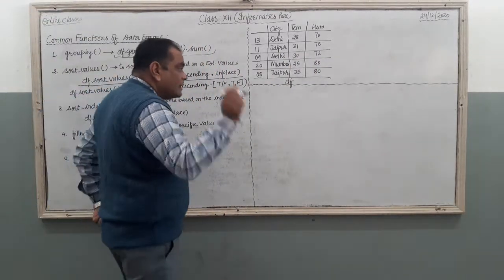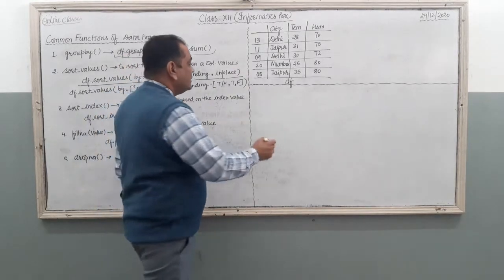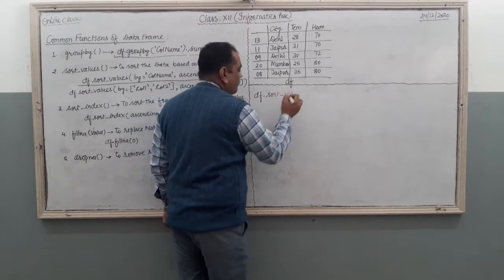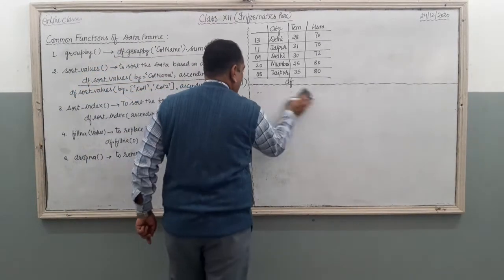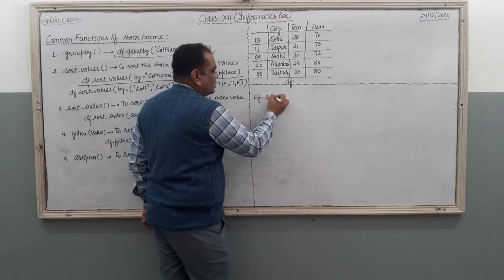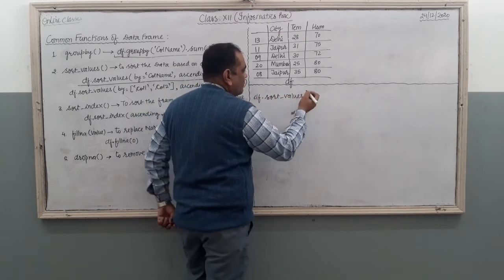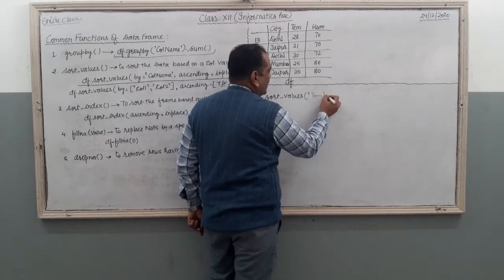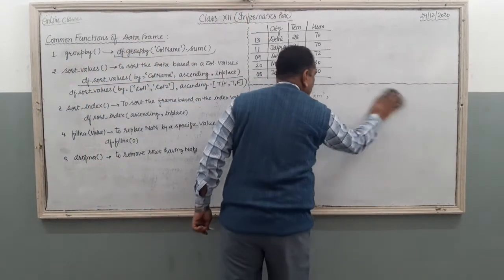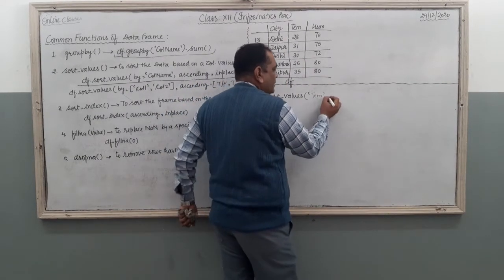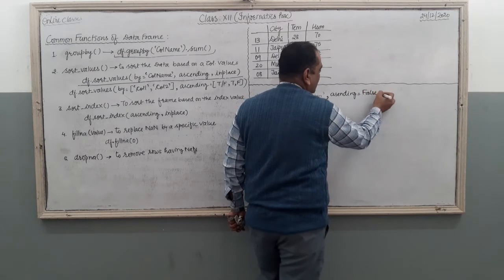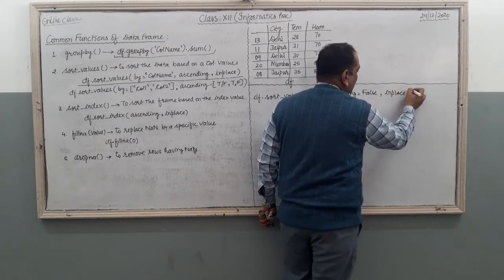Now if you want to make a change in the same data frame, physically, then my command is df.sort_values, and my column is temperature, and after the comma I use ascending equal to false and inplace equal to true.